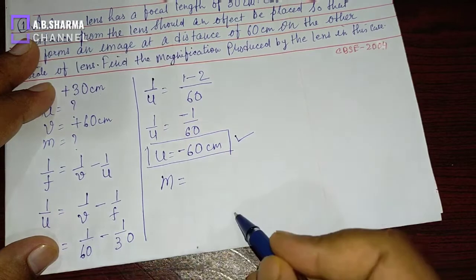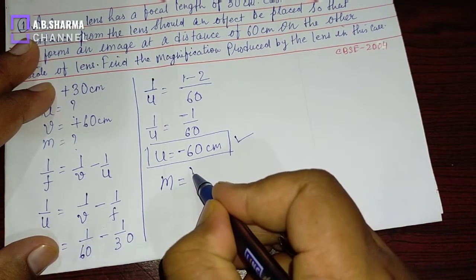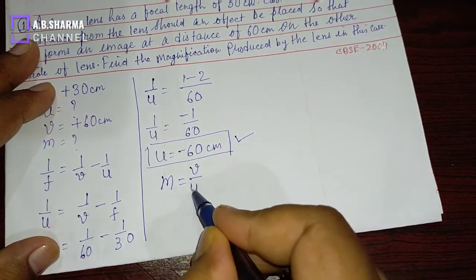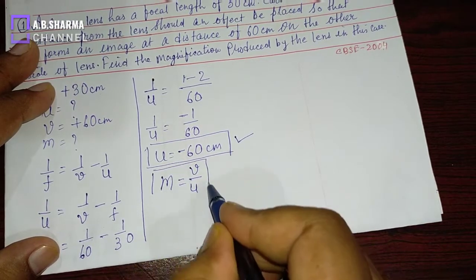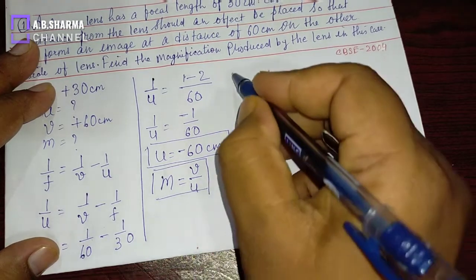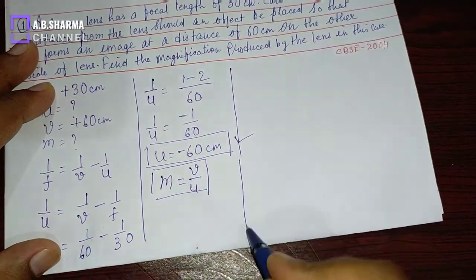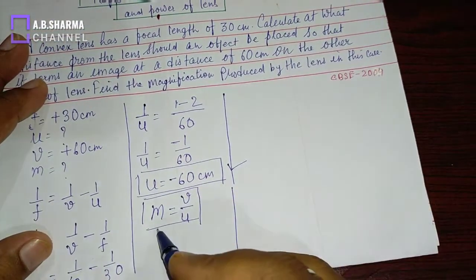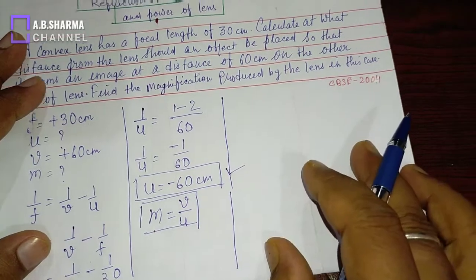So what is the formula of magnification? This is v over u. In case of mirror, the formula of magnification will be minus v over u, but where it is a lens, then formula of magnification will be v over u.